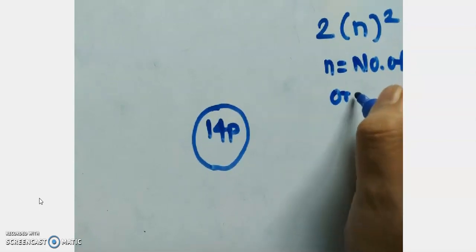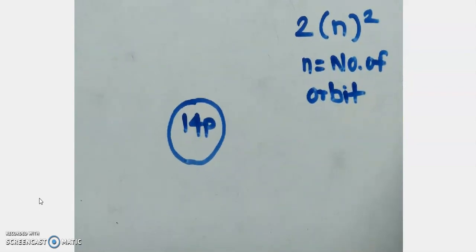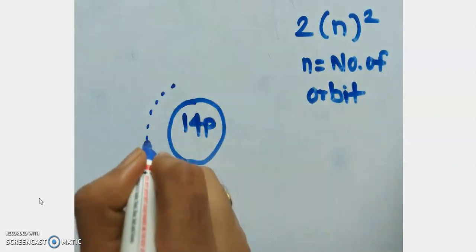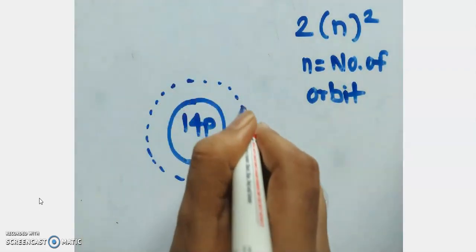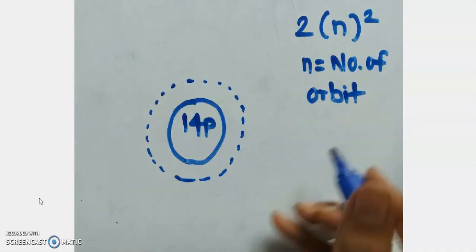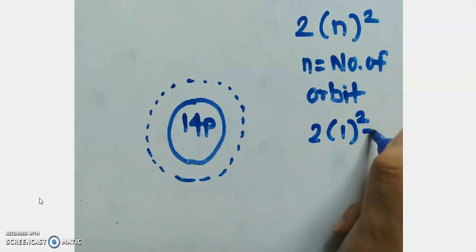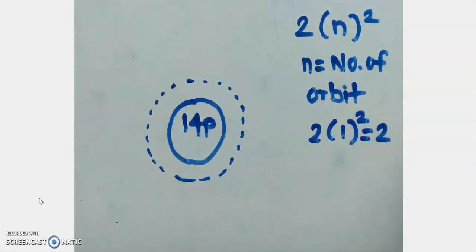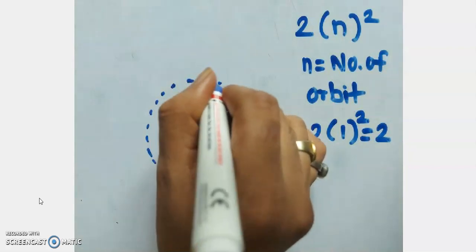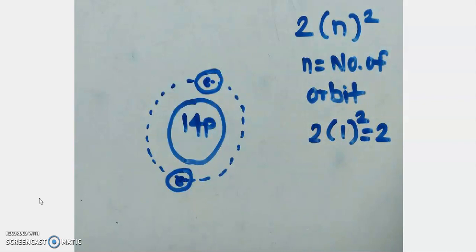For example, let us take this as an orbit; this is orbit number 1. When I put orbit number 1 in the formula, I get the answer 2. So I can say a maximum of 2 electrons can be accommodated in the first orbit.